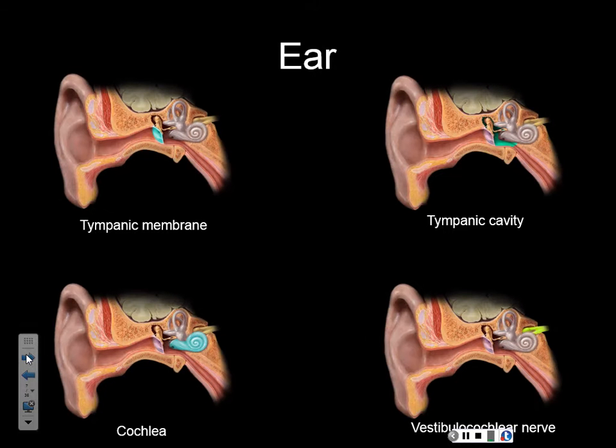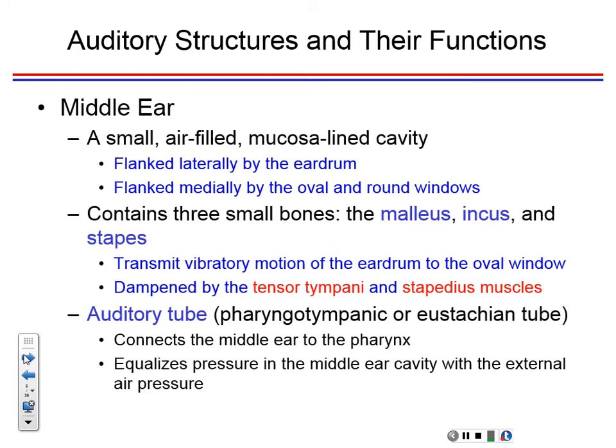Going further down, the cochlea, each of the areas is highlighted, and you can see the vestibulocochlear nerve and the tympanic cavity, where the auditory ossicles are located in the middle ear.